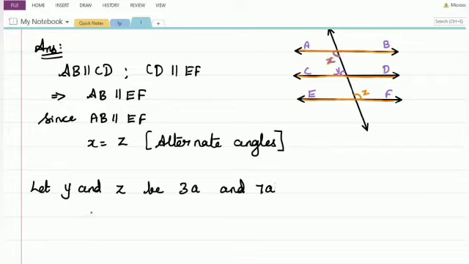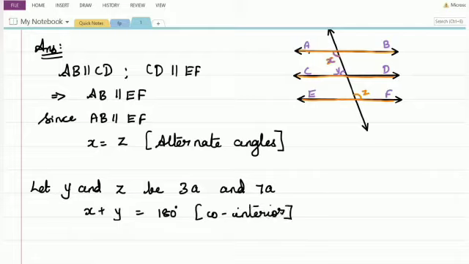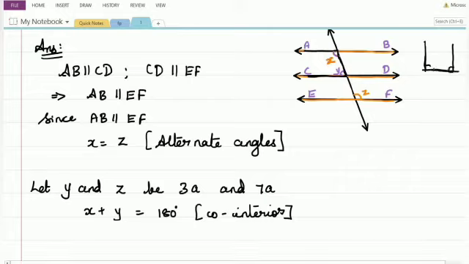So X plus Y equals 180 degree because co-interior angles. When you see here, it will be in the shape of the Tamil alphabet Pa. If these two lines are parallel and this line is a transversal, when I add these two angles, it will give me 180 degree.